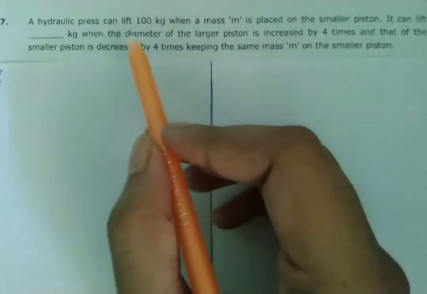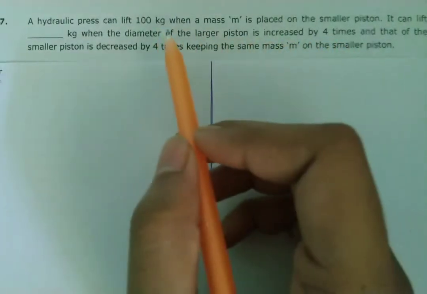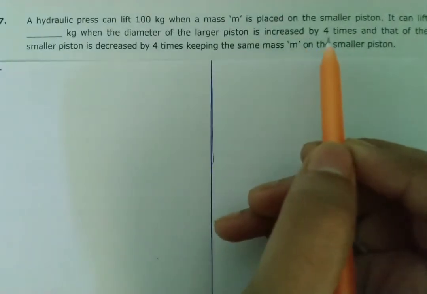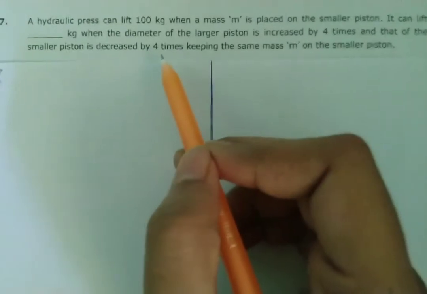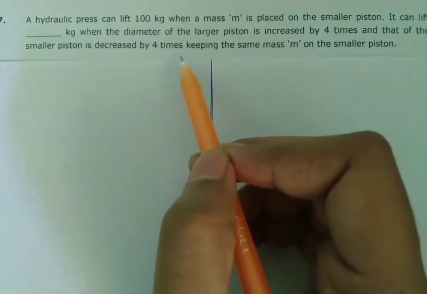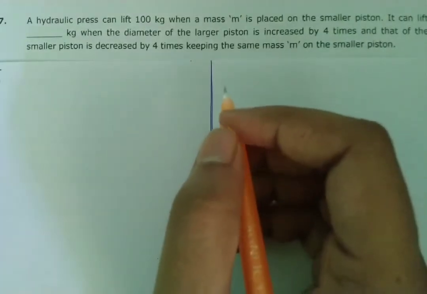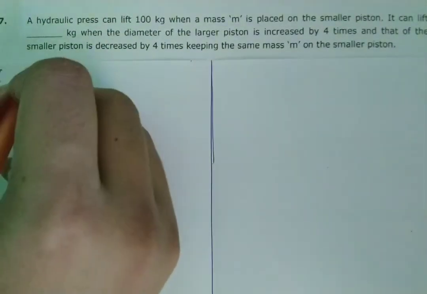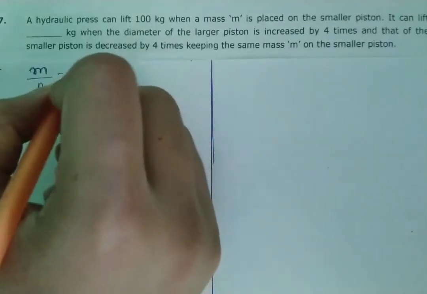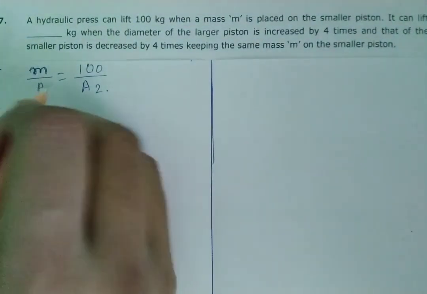A hydraulic press can lift 100 kg when a mass m is placed on the smaller piston, and we have to find the mass it can lift when the diameter of the larger piston is increased by 4 times and the smaller piston is decreased by 4 times. If the diameter is decreased by 4 times, the area decreases by 16 times. So we can say that m by a1 will be equal to 100 by a2. This is in the first case.